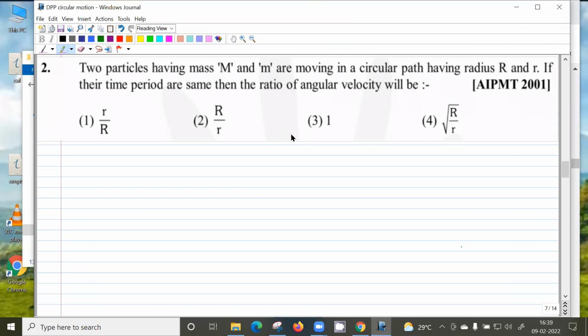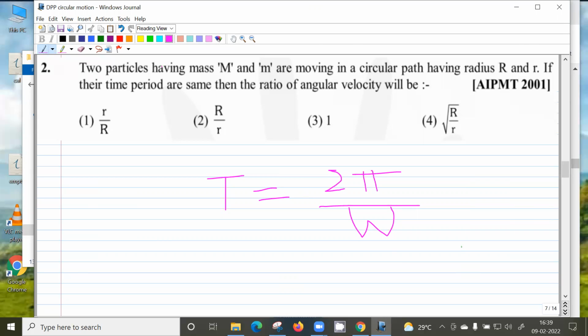This is a horizontal circle, so it's uniform circular motion, because only in the case of uniform circular motion can you talk of time period. See, time period is 2 pi by omega, right? Just get one formula. After that, you can find everything else. This is clear.